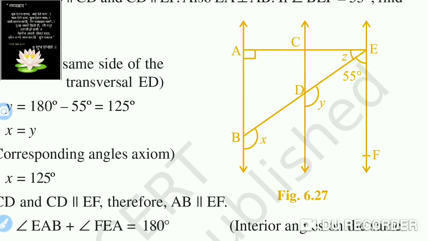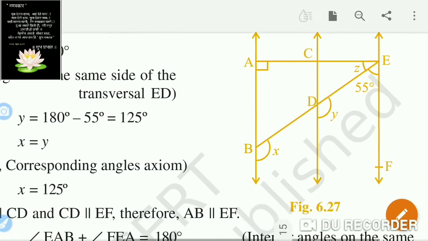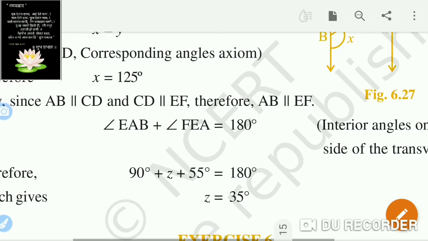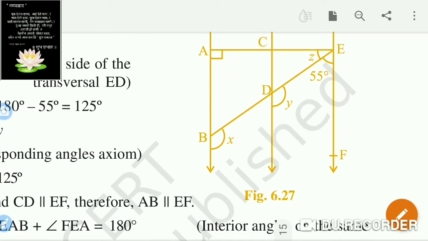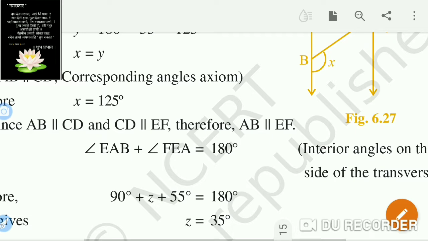Now they have asked you the value of z. So here, 55 plus z. These angles, see here, perpendicular, no? So here you can say EAB plus FEA will be 180 degrees.